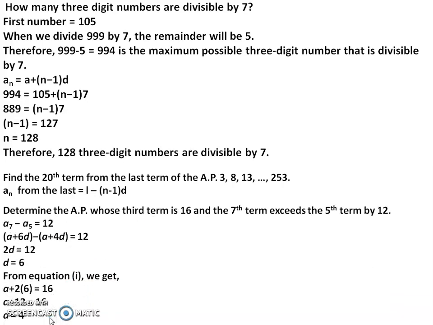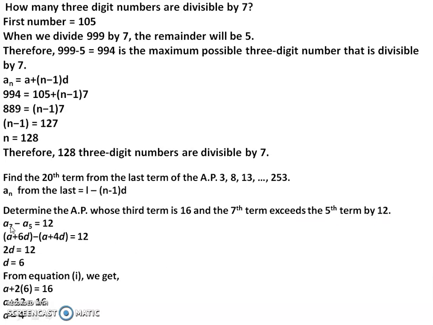Next, determine the AP whose third term is 16. Third term, what should come to your mind? A plus 2d is equal to 16. And the seventh term means a plus 6d exceeds the fifth term by 12.